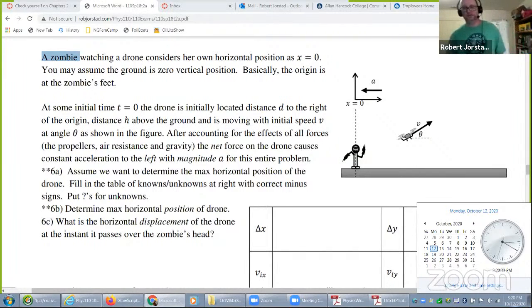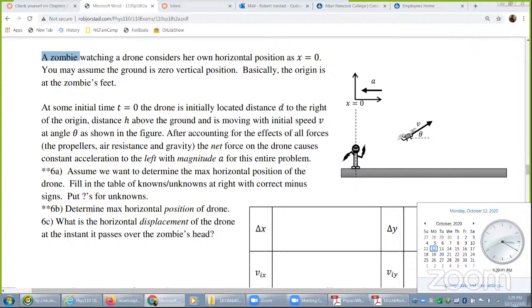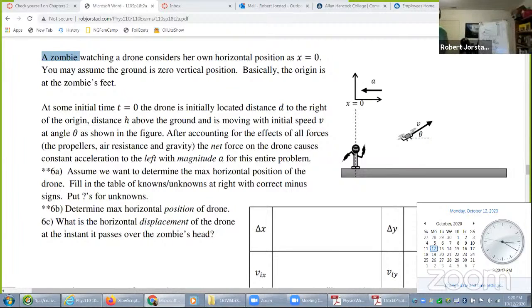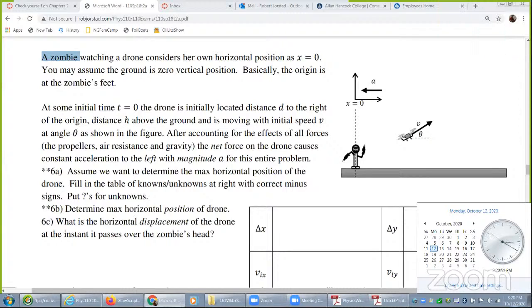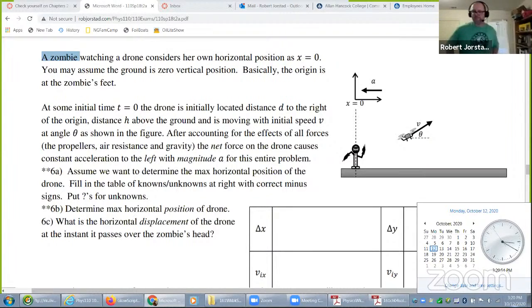All right, so what are you thinking here? What type of problem does this look like? I'm imagining it's a relative motion? Yeah, relative motion. Turns out it's not that.